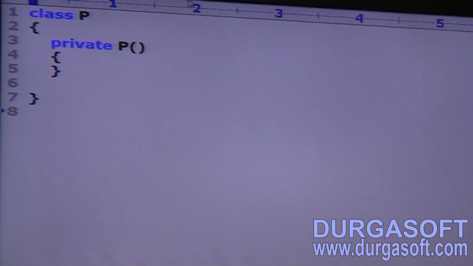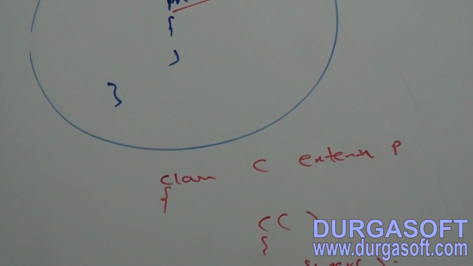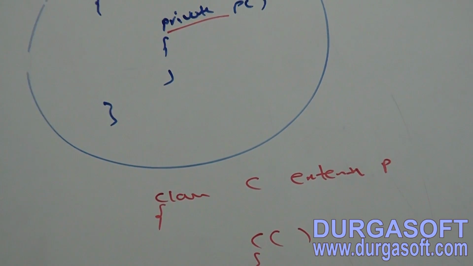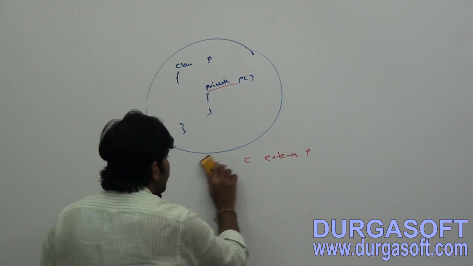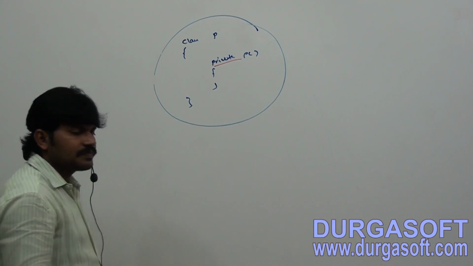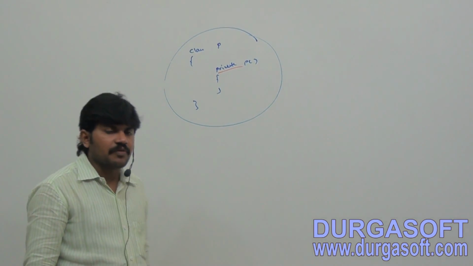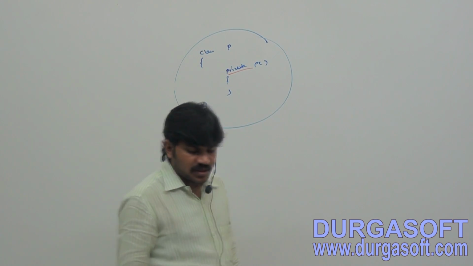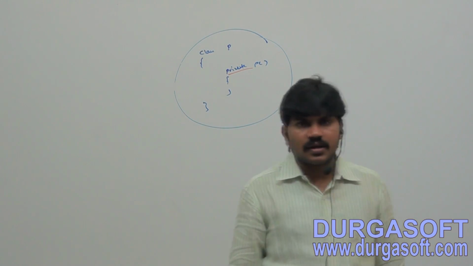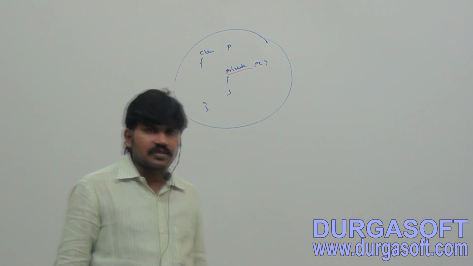So this is what you people should remember. By declaring every constructor as private, we can restrict child class creation.